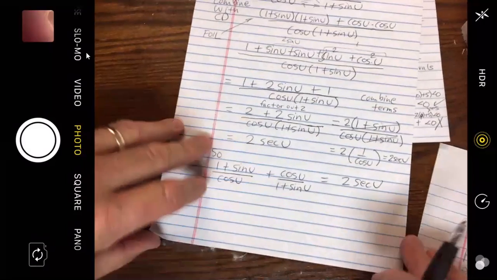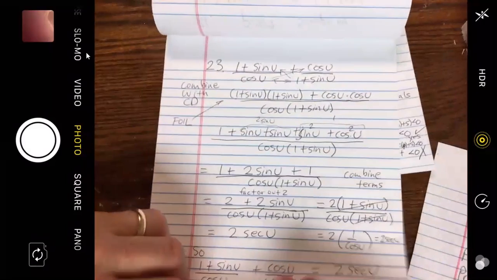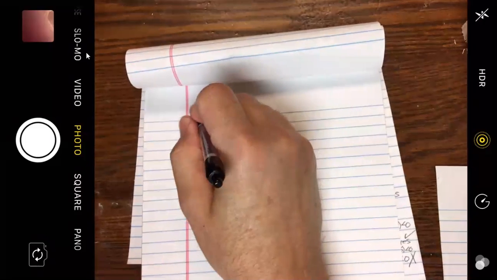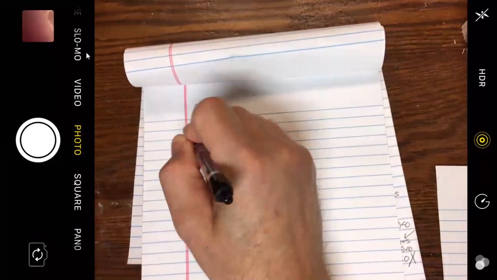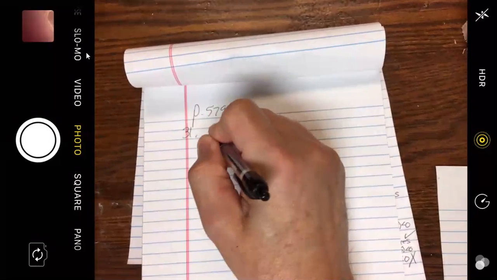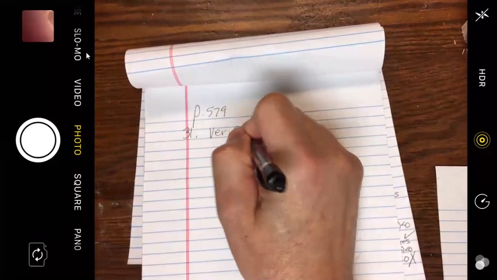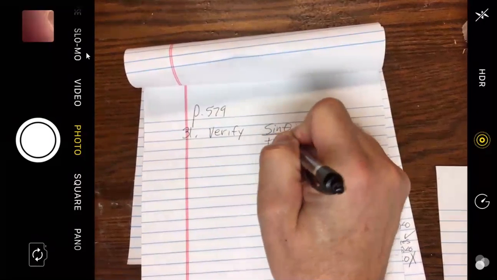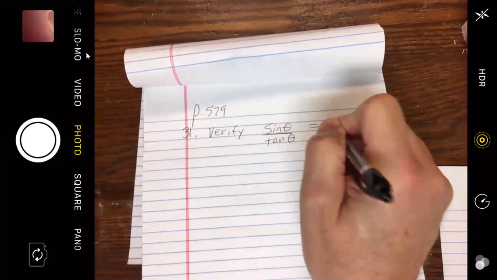People get freaked out by the word prove, so I may just use the word verify. So what you get on this, page 579, say 31, verify the sine theta divided by a tangent theta comes up a cosine.